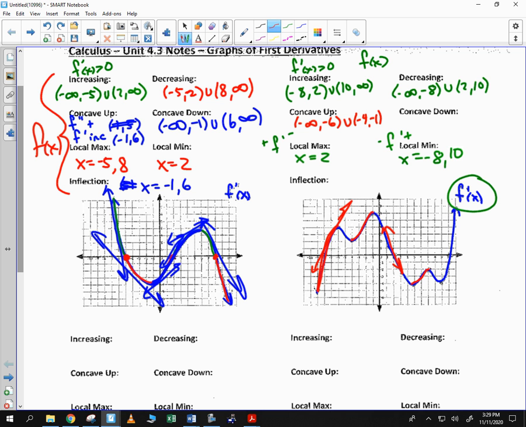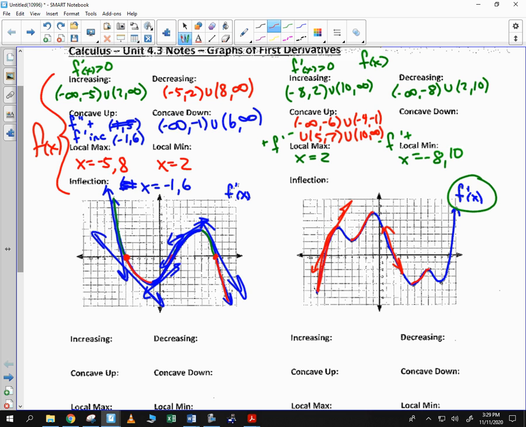That section. 1, 2, 3, 4, 5, 6, 7. And then union from 10 to infinity. You can see it ends up being a lot when you look at all those pieces.